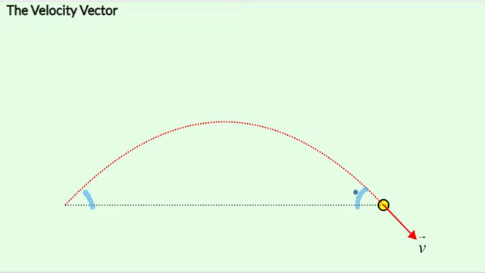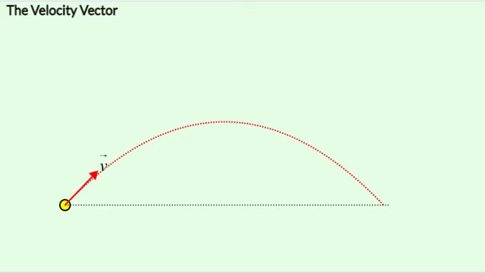But what about the magnitude? Does that change also? It is difficult to estimate from this animation whether the speed changes or not. But experimentally, it is established that as the projectile moves higher, the speed reduces.